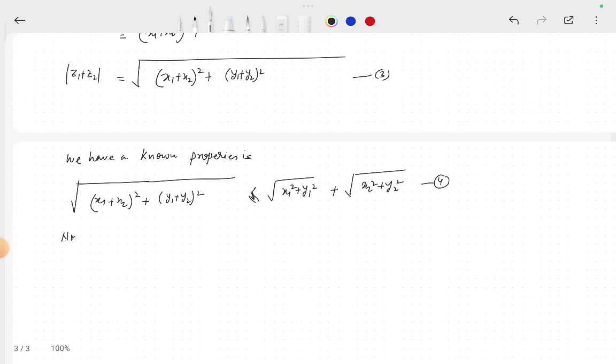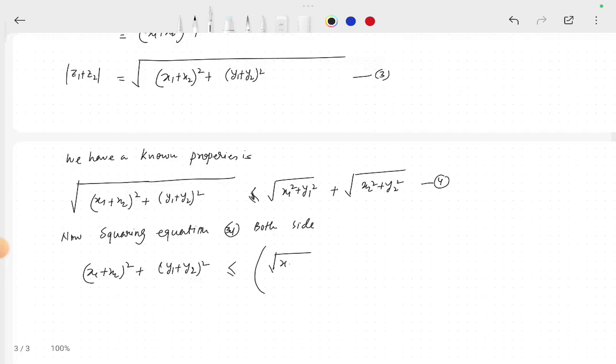Now squaring equation 4 on both sides, what do we get? (x1 plus x2) whole square plus (y1 plus y2) whole square is less than or equal to (root under x1 square plus y1 square plus root under x2 square plus y2 square) whole square.